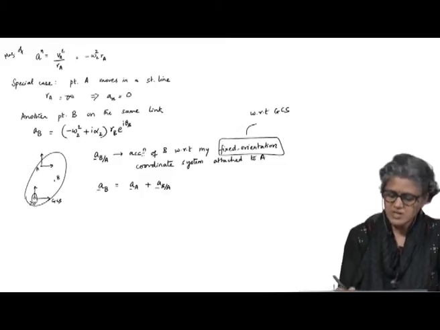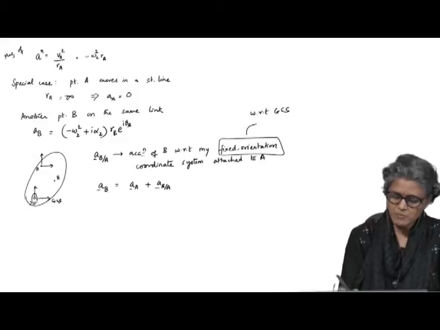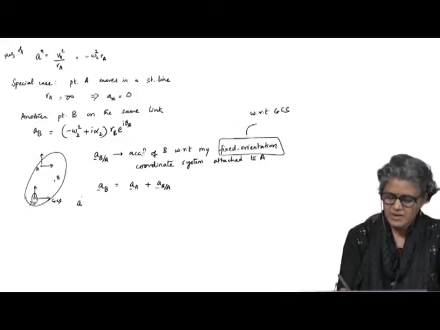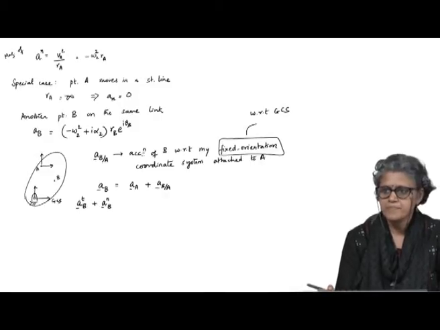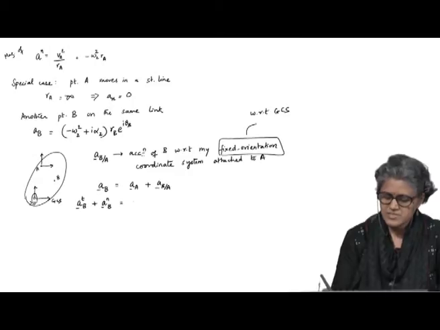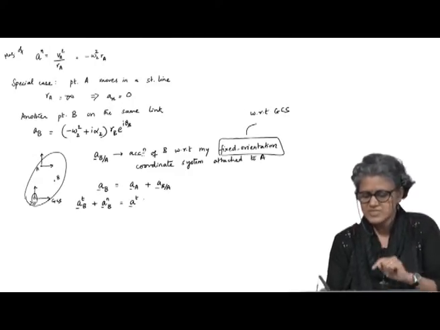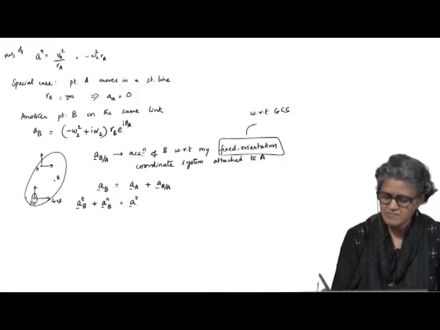So, each term has two possible components: a tangential component and a normal component. We saw that each of these accelerations has a tangential and a normal component.